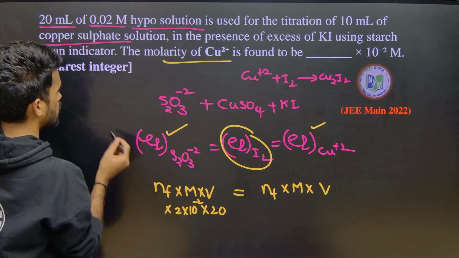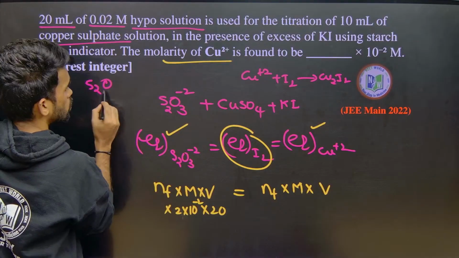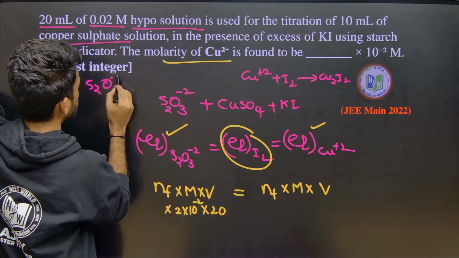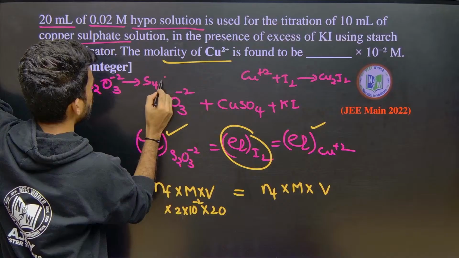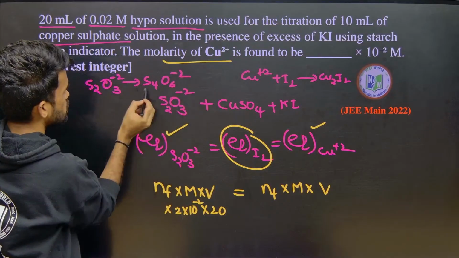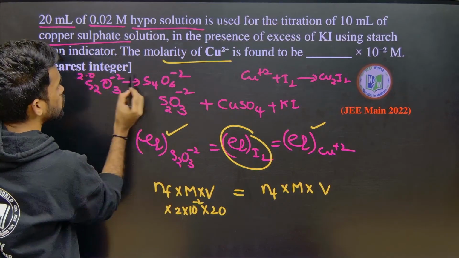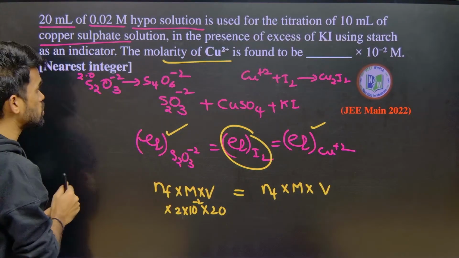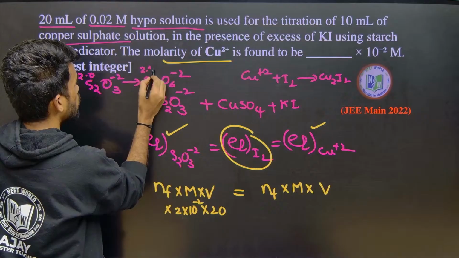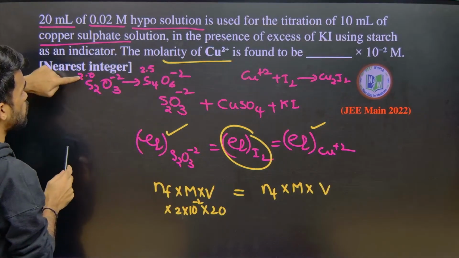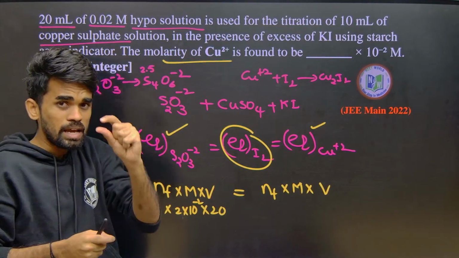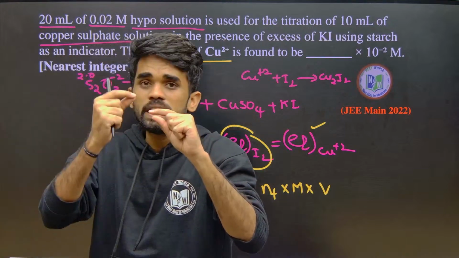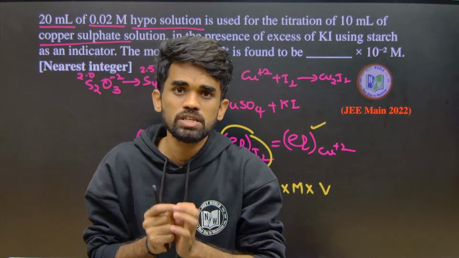See, hypo converts from S2O3 2 minus to S4O6 2 minus. Here the average oxidation state of sulfur in hypo is 2.0, converting into 2.5. So what is the change? 2.0 to 2.5 means per sulfur atom the increase in oxidation state is 0.5.